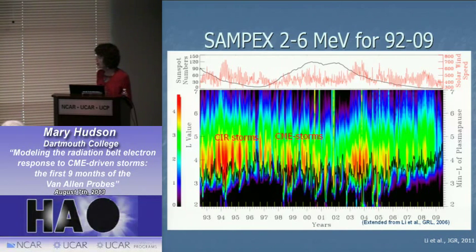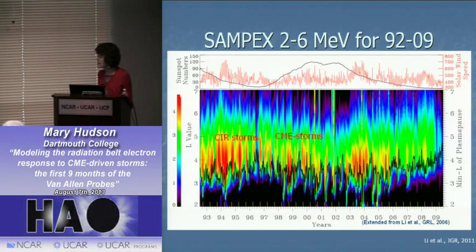And then over here, when we're rising up towards the next solar maximum, these are primarily CME-driven storms, and although you can get faster and higher flux rises for shorter periods of time from the CME-driven storms, when you take a 30-day average, you see that the CIR-driven storms give you higher fluxes in that average sense.